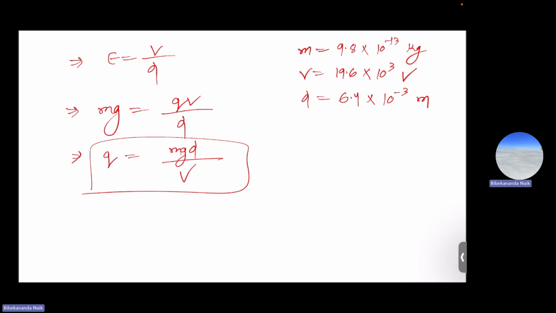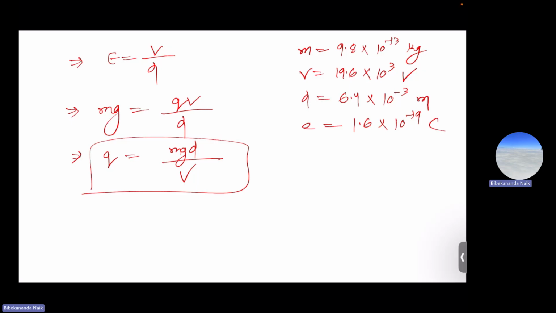Everything should be in the same unit, so I am writing all in SI units so that we can calculate the value. The question says calculate the number of elementary charges. The charge of one elementary charge, that is the charge of an electron, is given as 1.6 × 10^-19 coulomb.